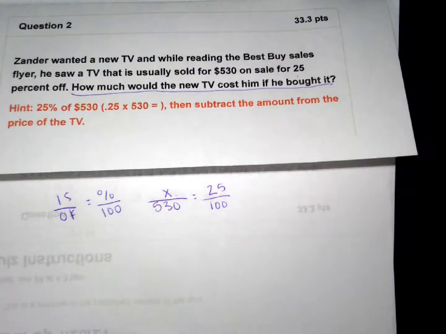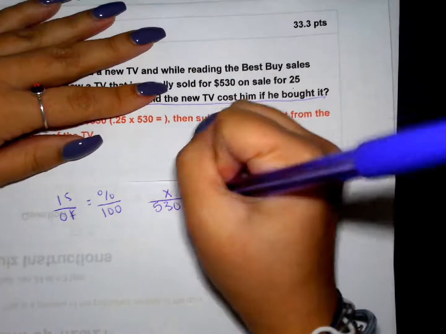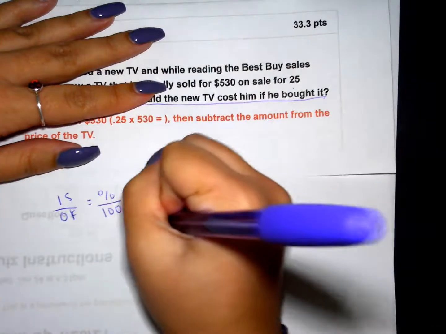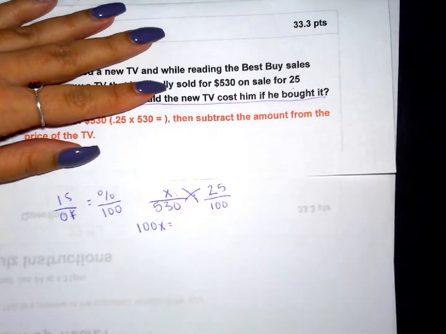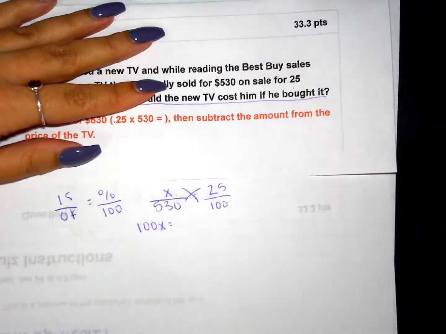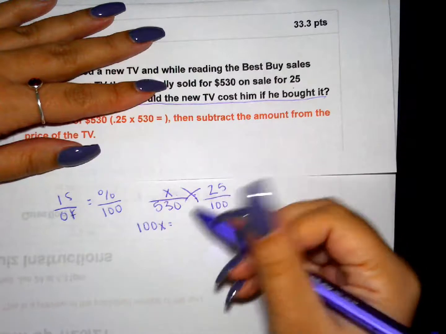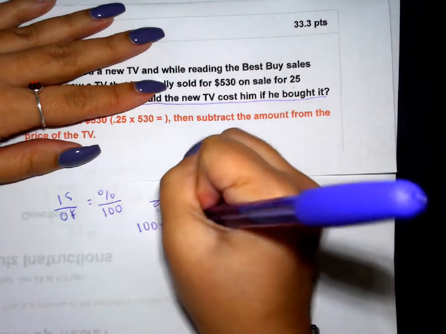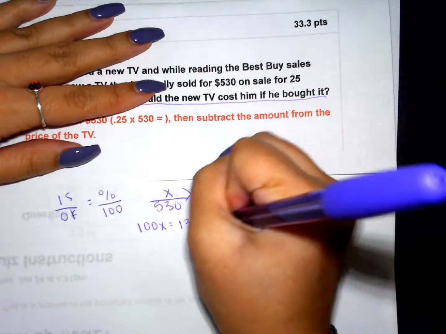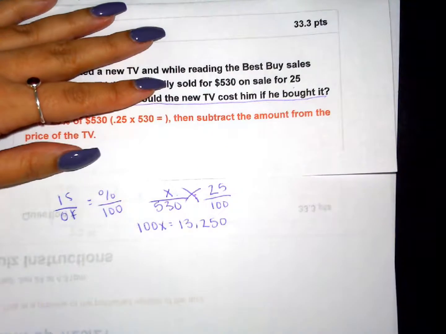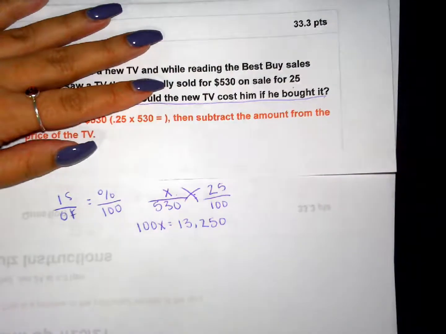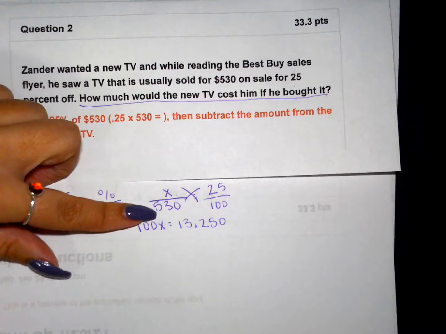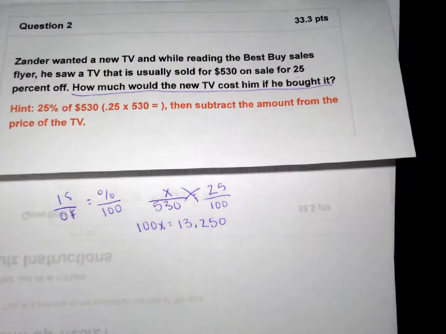Okay? So now we cross multiply. And we have 100 times X is 100X is equal to, we multiply 25 by 530, and that equals 13,250. So now we have an equation, and what we want to do is isolate this X. We want to isolate the variable and get the X completely by itself.